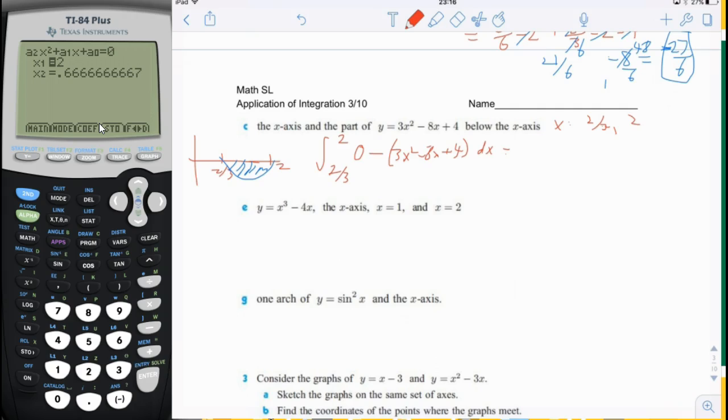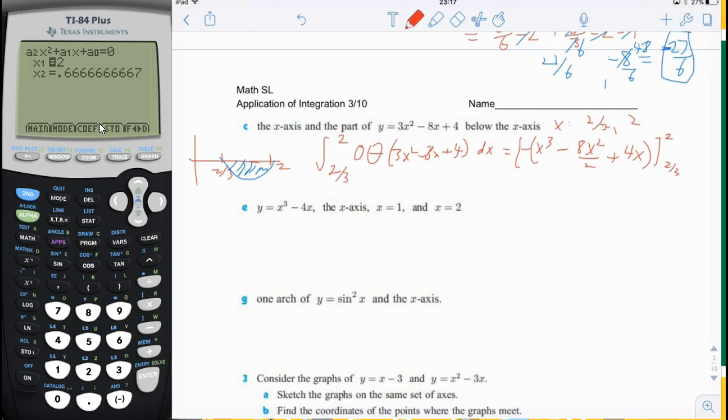And so if we took the integral of that, it would be x cubed divided by 3 times 3, which is x cubed, minus 8x squared divided by 2 plus 4x, and that's all negative, right? There's negative here. Integrated from 2/3 to 2.